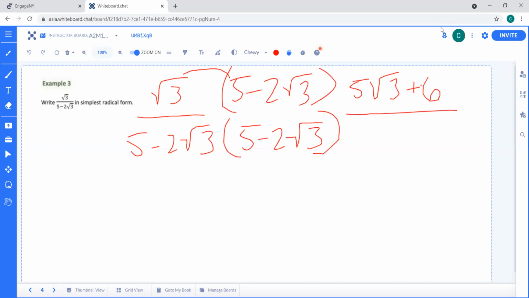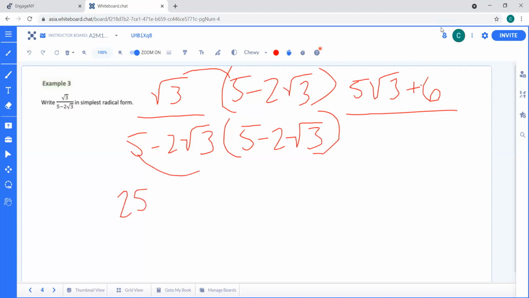Now what happens to the bottom? Well, this is going to be... I wonder if it would be better to do conjugates here. All right, let's just keep going. This would be 25.